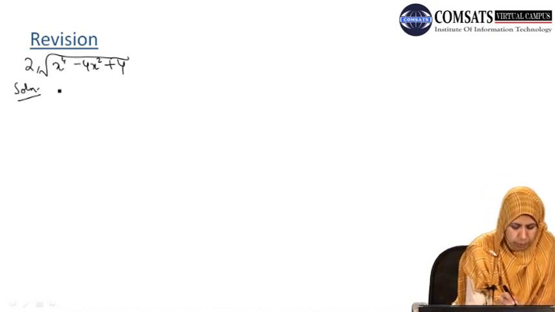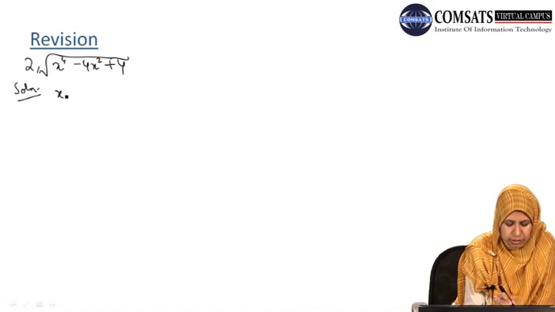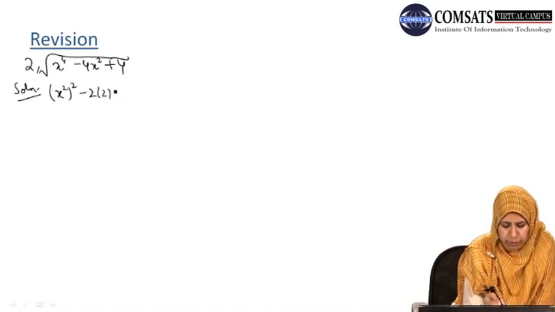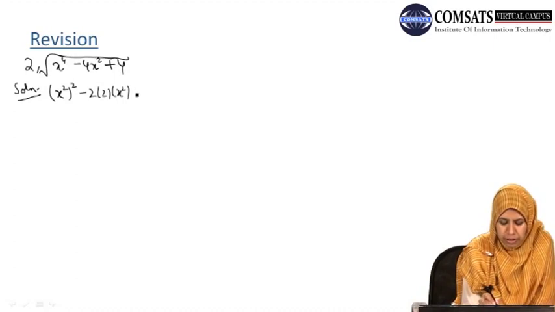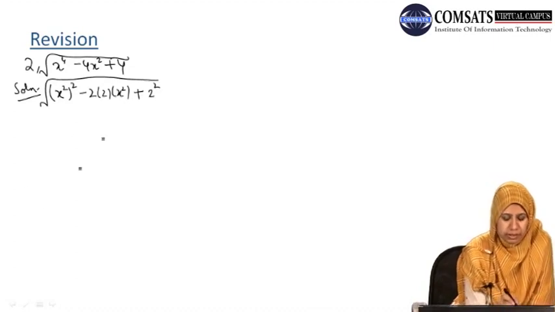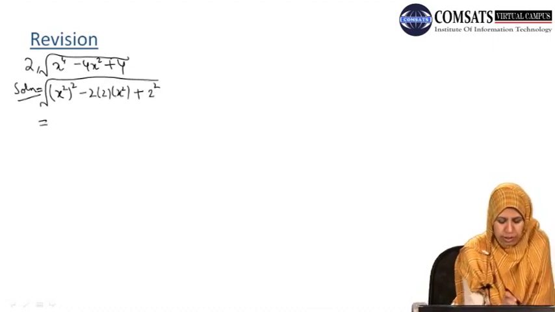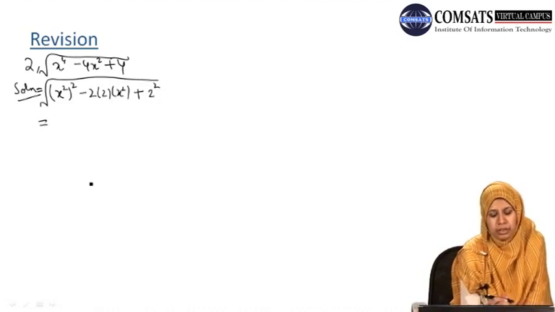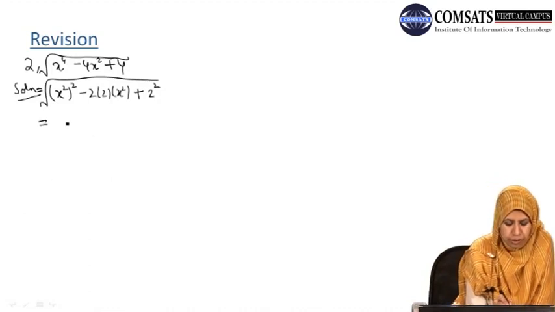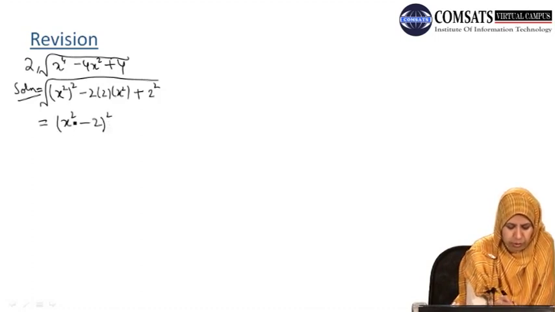Yes. How? If we look at our first term, it is the square of x square. The second term is the product of 2 times 2 into x square, and the third term is the square of 2, and the square root remains as it is. This is basically our formula of a minus b whole square, that is, the square root of x square minus 2 whole square.